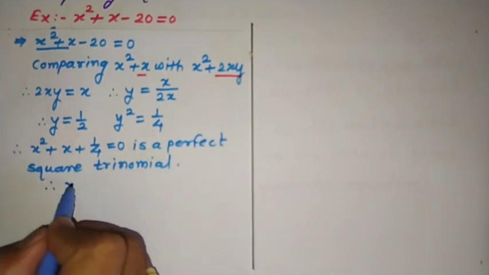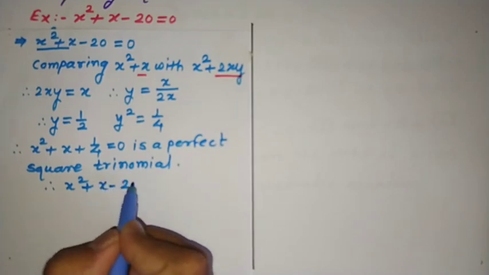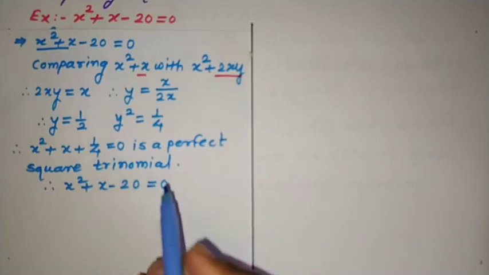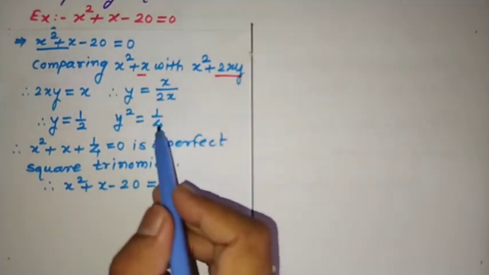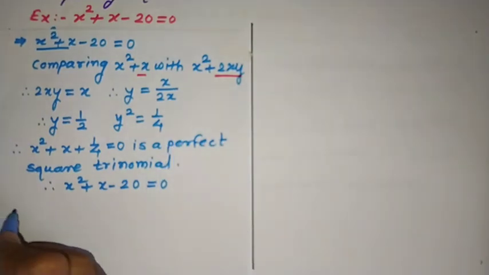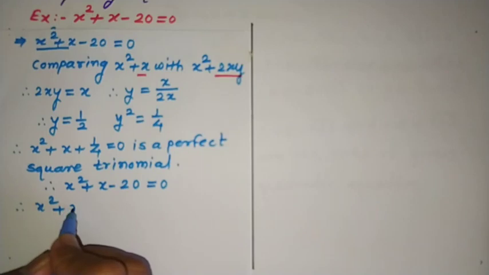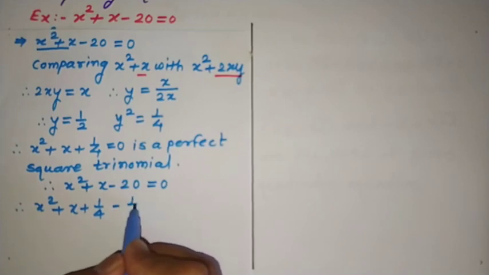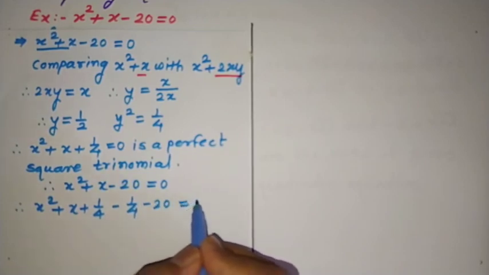Therefore x square plus x minus 20 is equal to 0. Add 1 upon 4 and subtract 1 upon 4 in this equation. X square plus x plus 1 upon 4 minus 1 upon 4 minus 20 is equal to 0.